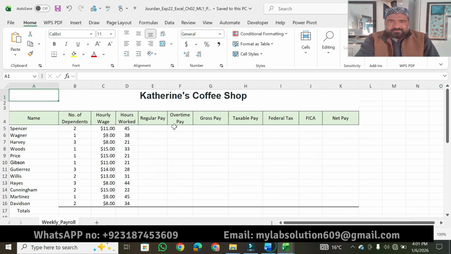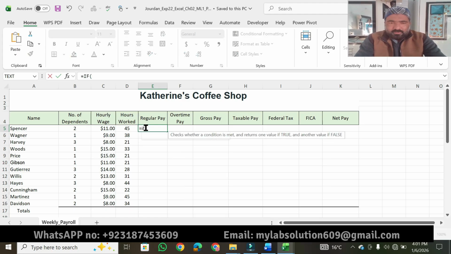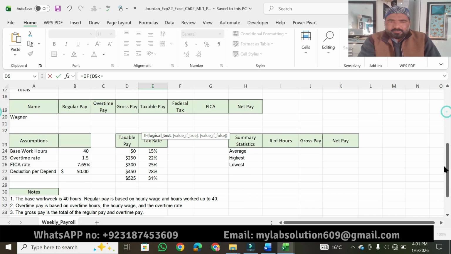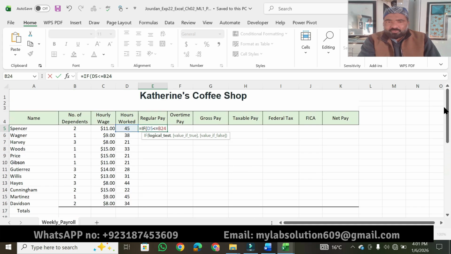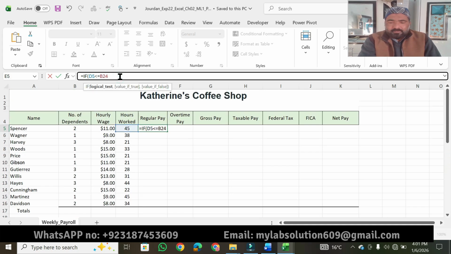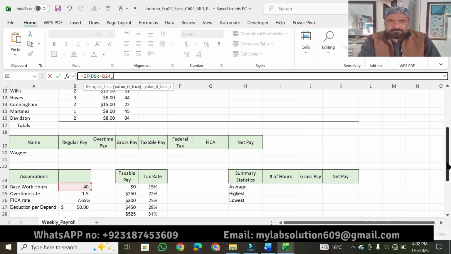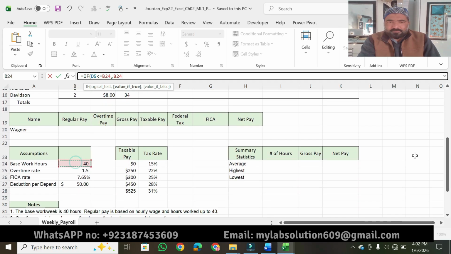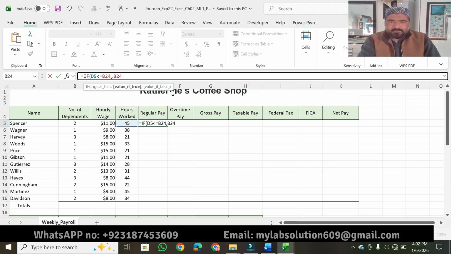So let me start this question step by step. Okay, let me move toward the Excel sheet here. Equal IF formula. Okay, now we have to check whether our hours worked is less than or equal to the regular basic hours of work, this one. If this condition is true, then we have to return B24.